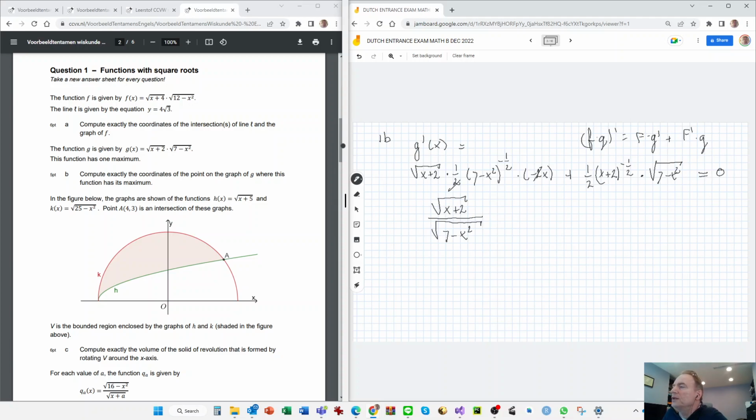Times a minus sign and times an x here, plus the square root of 7 minus x squared divided by 2 times the square root. It's definitely very easy to make mistakes in these things, so just go slowly, steady and slowly.